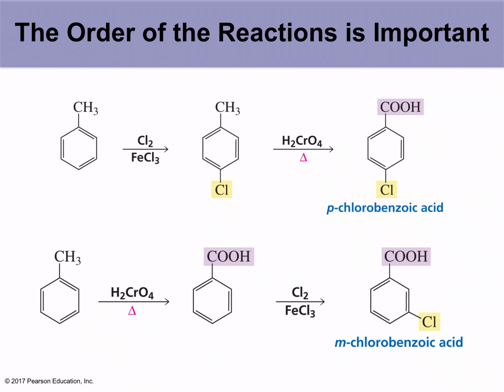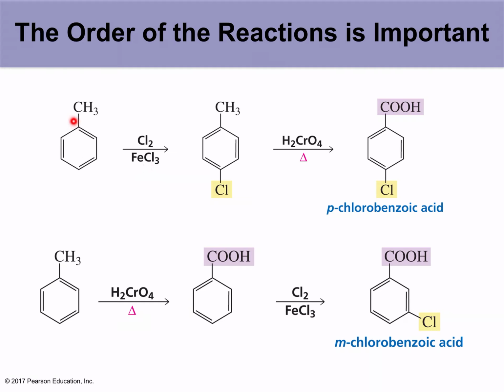Now there are two cases. So one here, para-chlorobenzoic acid. This is meta-chlorobenzoic acid. How are we going to make them? To make the para-chlorobenzoic acid, what we're going to do is, first you can start with toluene. It's commercially available. Toluene, you add chlorine with iron chloride.